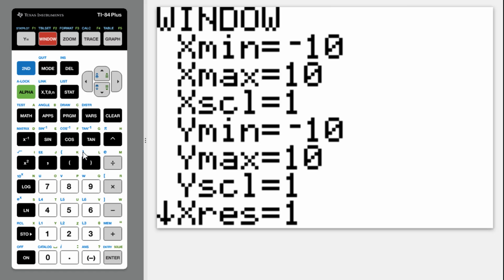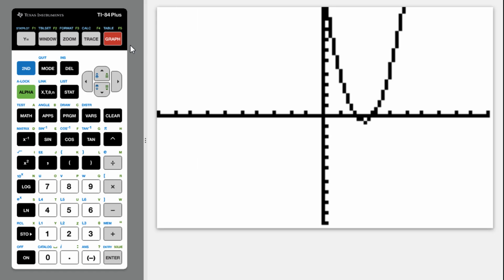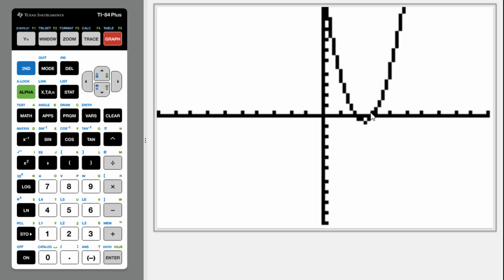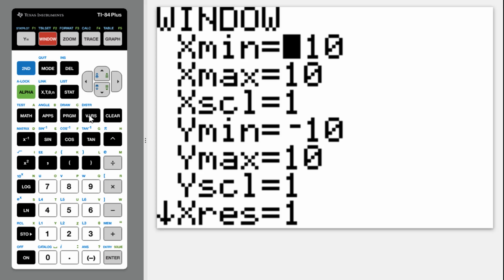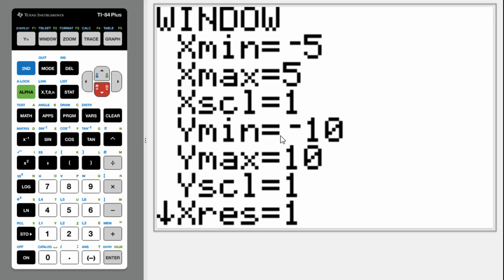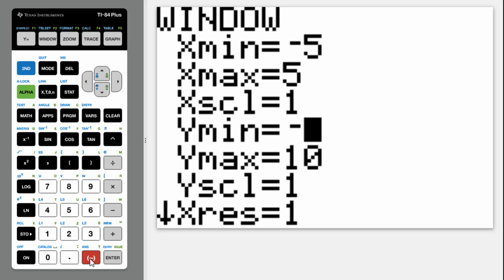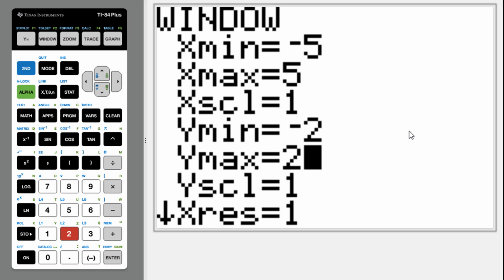For the x-axis, we do know the intercepts are between 1 and 5, so we can change the window to negative 5 to 5. Scale will be 1. Your y minimum, we will change to negative 2 and 2, because you could see the minimum is greater than negative 1.